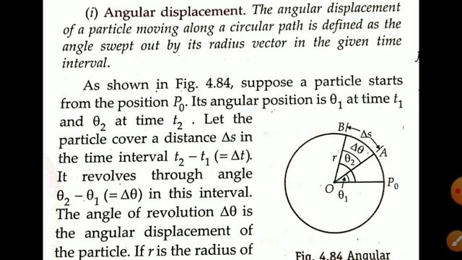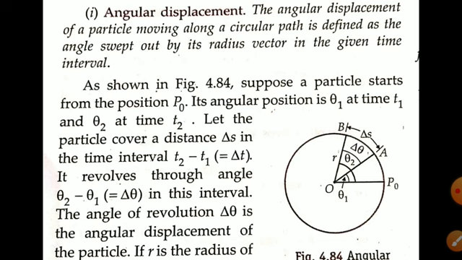Consider a particle revolving around a point O, the center of the circle, with radius r. Let the position of the particle at time t equal to 0 be P naught. But after some time t, the object is at point A, and after a very small change of time, the object is at point B.